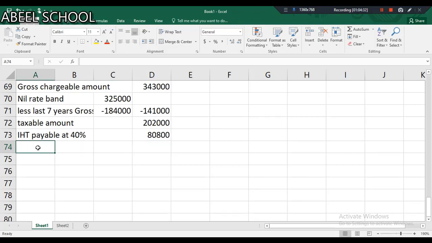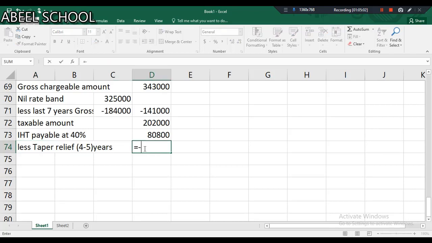Less taper relief 4 to 5 years, taper relief is 40%.